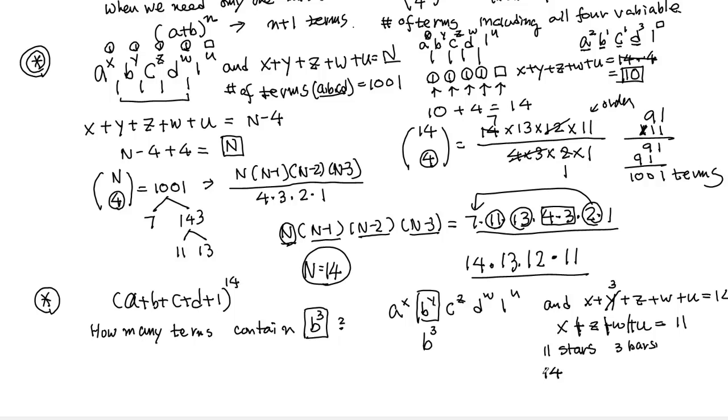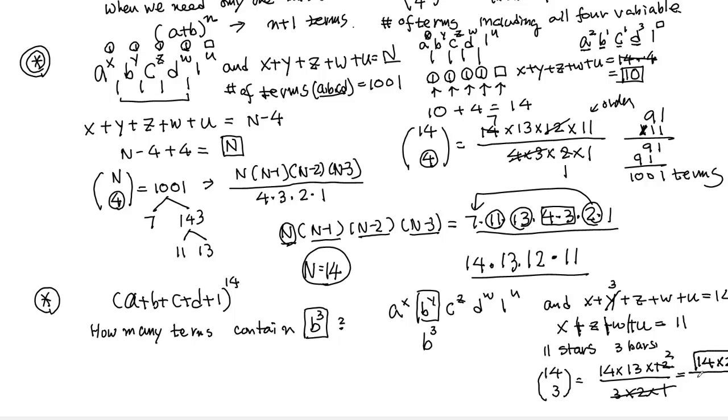Out of this 14, we choose 3 bars. Okay? All right. So this is how much? 14 times 13 times 12 over 3 factorial. What is 3 factorial? 3 times 2 times 1, that is 6. So 14 times 26 is the answer.